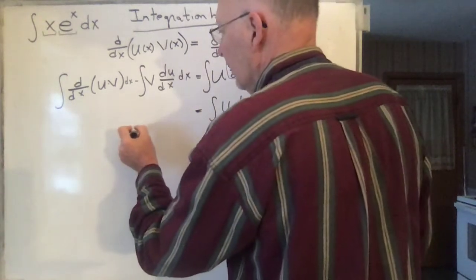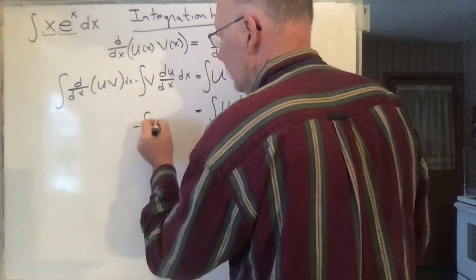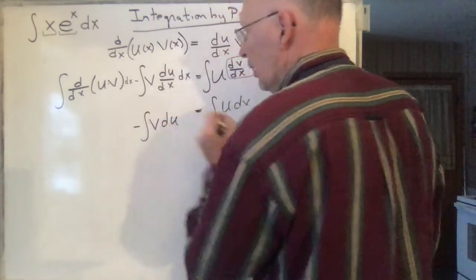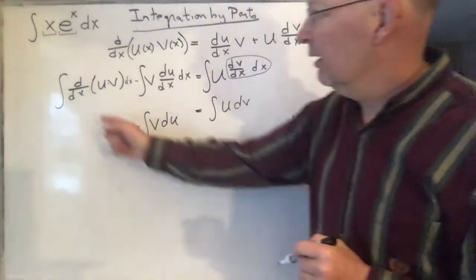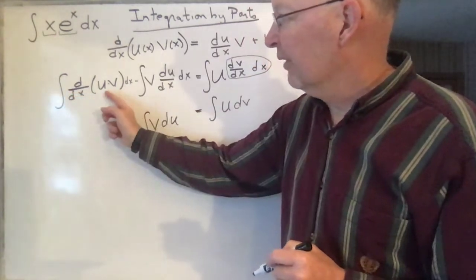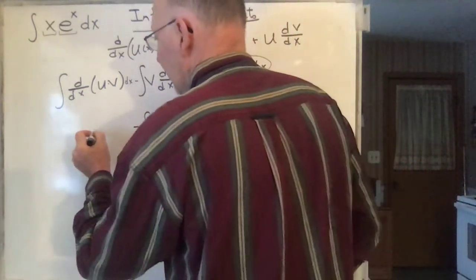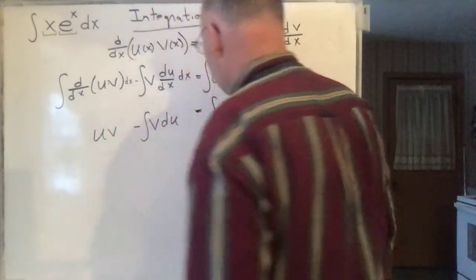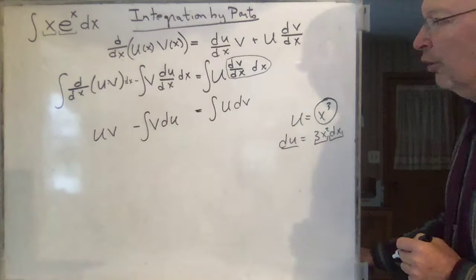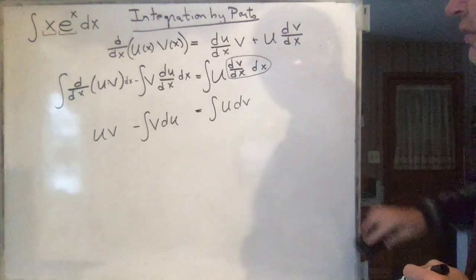And similarly, this thing right here is going to be v du. And here you're taking the antiderivative of the derivative of something. And when you take the antiderivative of the derivative, you just get that something back. So that's going to be uv. And so right there is the formula for integration by parts.